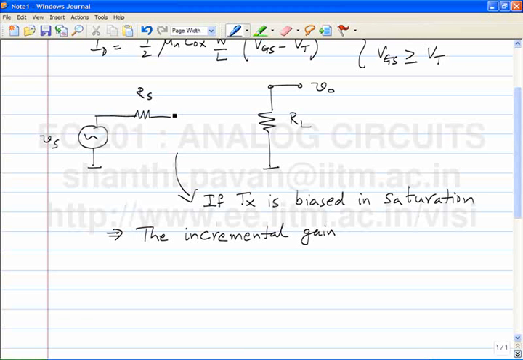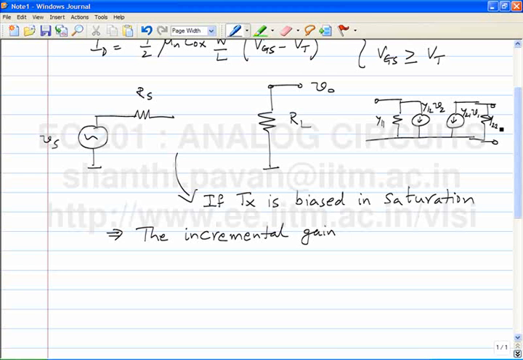If this transistor was biased in saturation, what would the incremental equivalent of the transistor be? So what is Y11? 0. Y12 is 0, Y21 is GM, and Y22 is 0. So if I have to replace the transistor with its incremental equivalent circuit, what would I do? For a general Y parameter network, this is Y11, this is Y12 V2, this is Y21 V1.